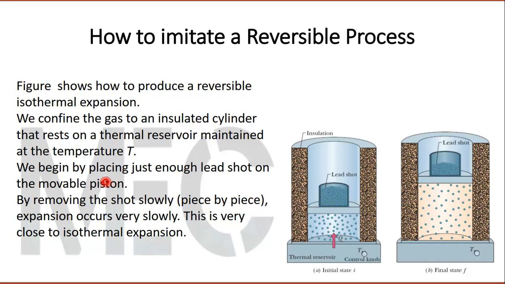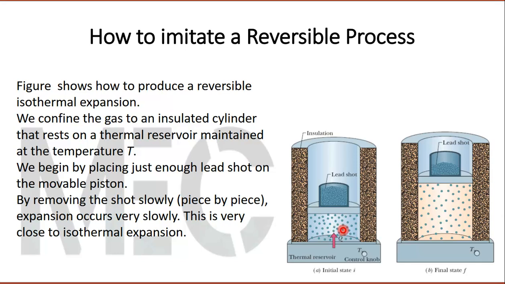We remove this shot slowly, piece by piece. Expansion occurs very slowly. This is very close to isothermal expansion. If we take these spherical pieces one by one, the weight on this gas decreases, so the gas starts to expand, but very gradually.